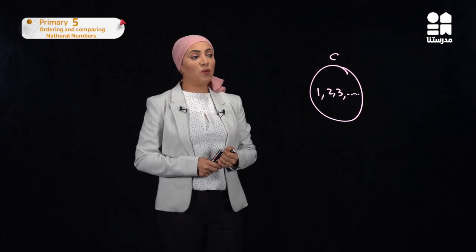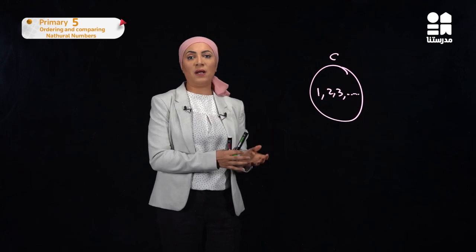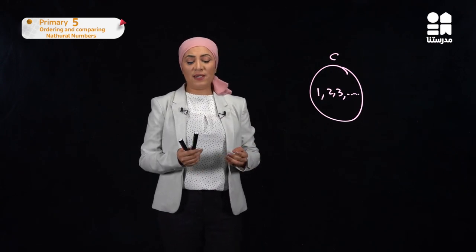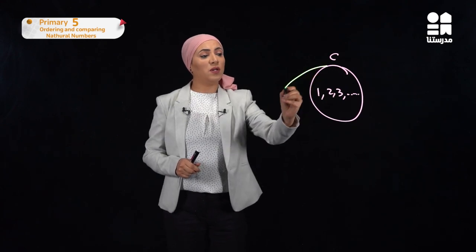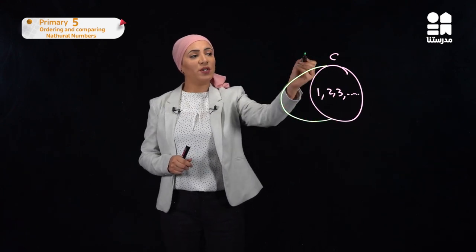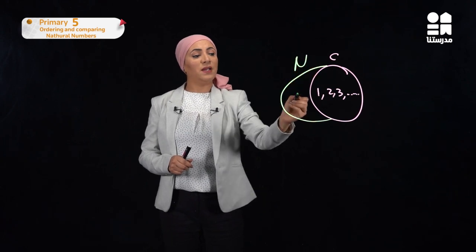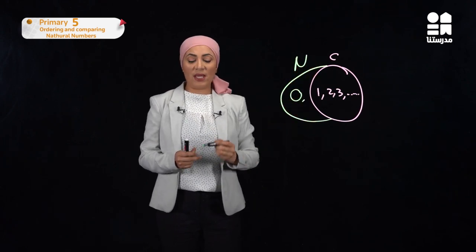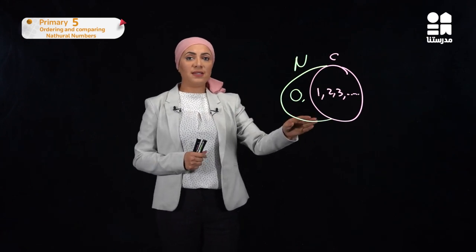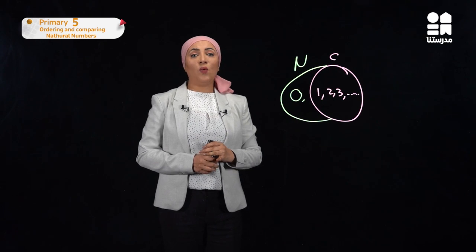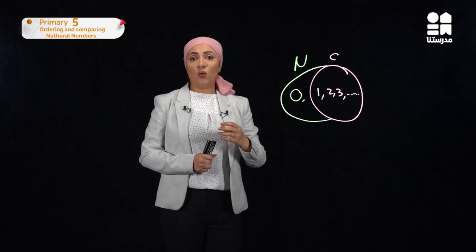These elements don't belong to the set of counting numbers. So now, if I want to change this set of counting numbers into a set of natural numbers, this is what I am going to do. I'm just going to add a 0 to it. So I have here in pink the set of counting numbers where I count things or people.